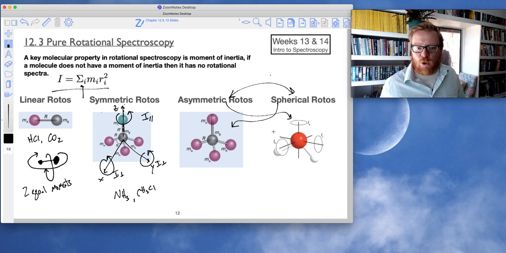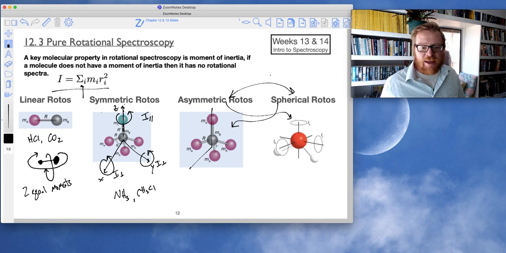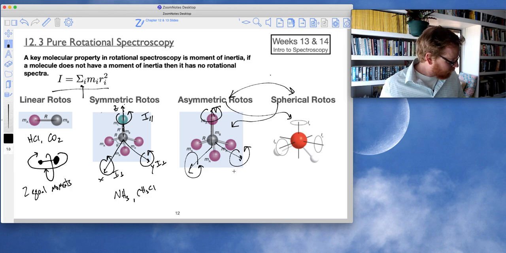And the important thing to note with spherical rotors is there are three equal moments of inertia, right? So if I rotated about that axis, that axis, or that axis, those would all be the same.